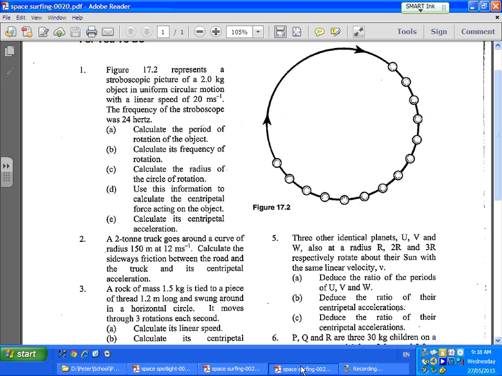The answer is, for us, it's a centripetal velocity, or an angular velocity. But actually, what you're measuring is the instantaneous velocity, not the average velocity.